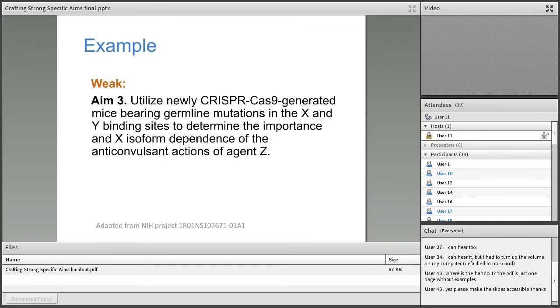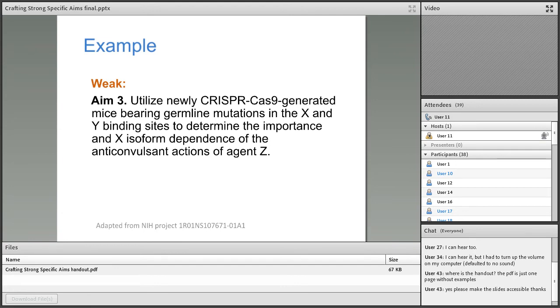So take a look at this adapted aim statement from a hypothesis-driven project. Notice that it starts with the approach, utilizing CRISPR-Cas9 generated mice bearing mutations in certain binding sites.